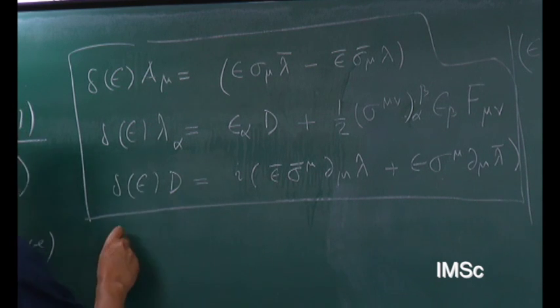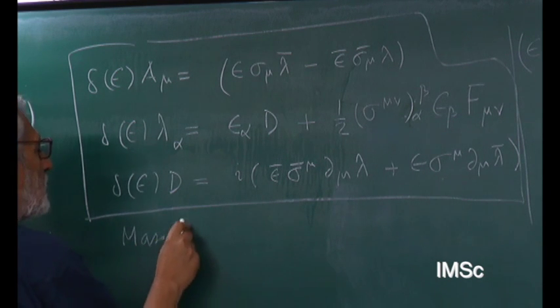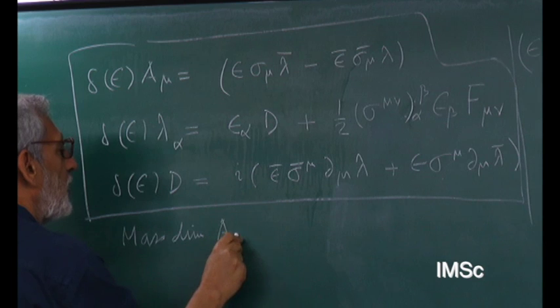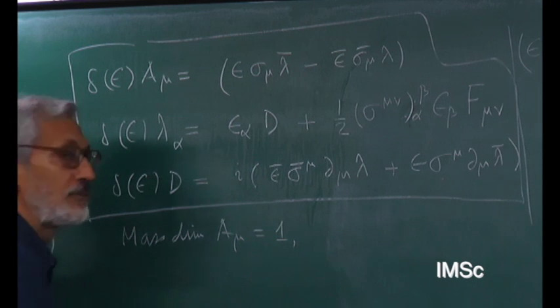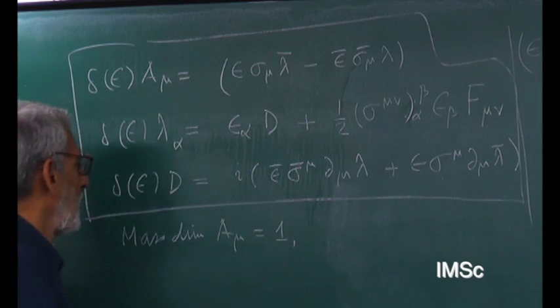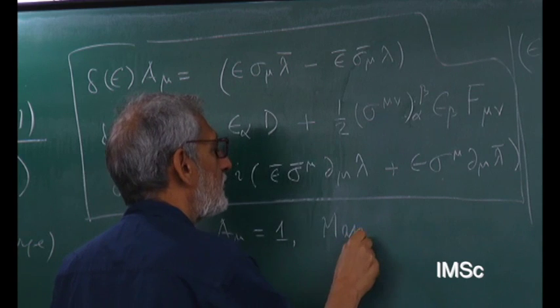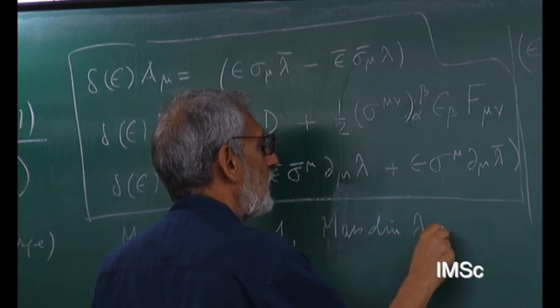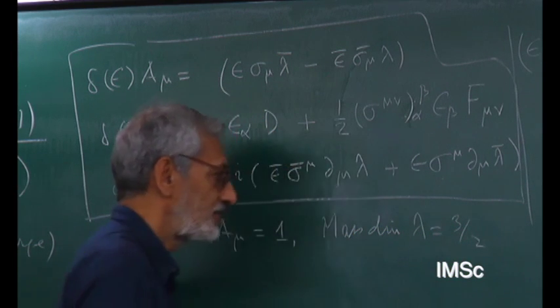So let me list again what I said in words. Mass dimension of A mu is 1. Mass dimension of lambda is 3/2.